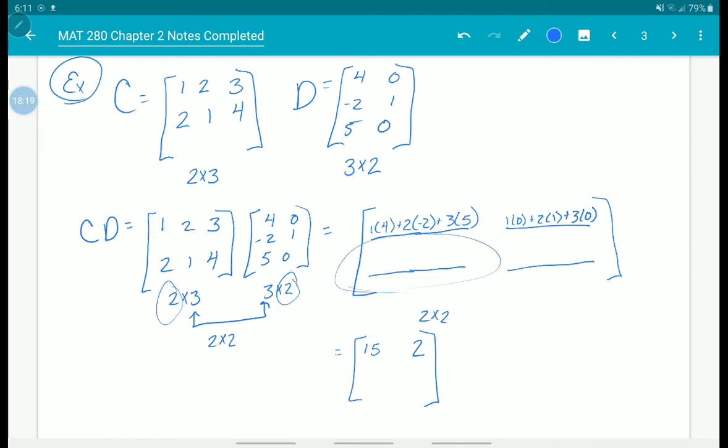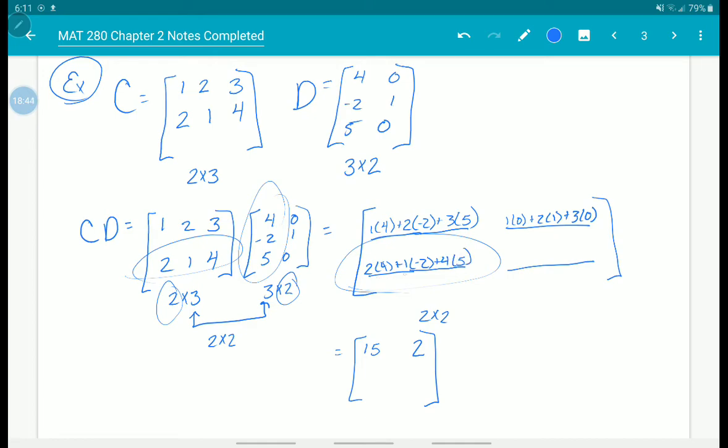Now I need this guy, which is in second row and first column. Whatever row and column this is in will tell you what row and column you use in those matrices. So we're going to have 2 times 4 plus 1 times negative 2 plus 4 times 5.